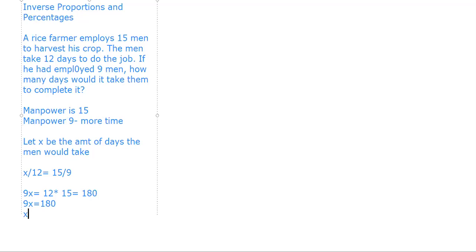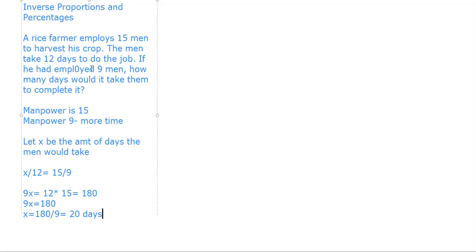And x would be equal to 180 divided by 9, which is equal to 20 days. So 9 men will take 20 days to harvest the same crop. Let's do another question.